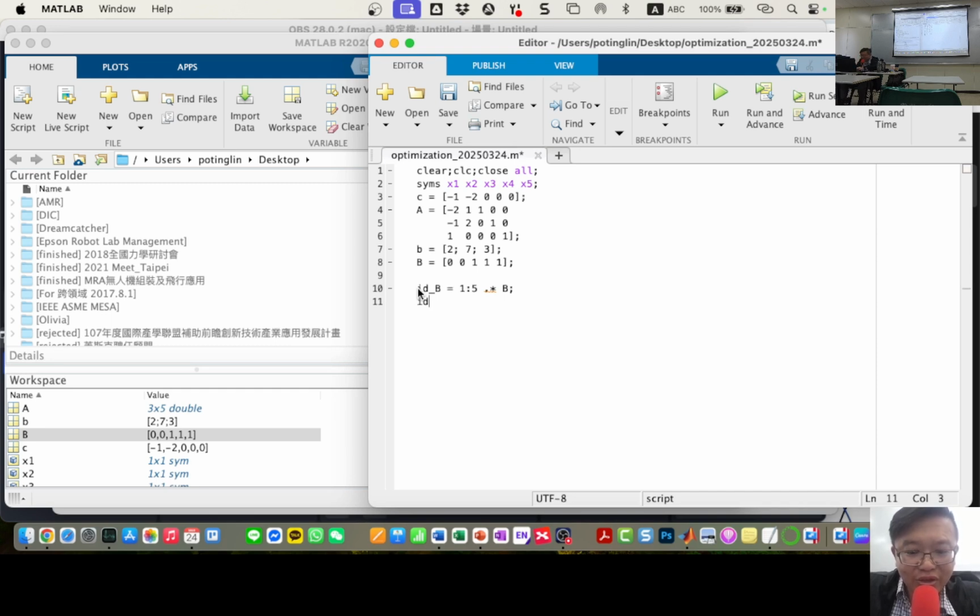So IDB equals to, I don't need a 0, I need to get rid of the 0. So set difference of 1 to 5 and IDB.